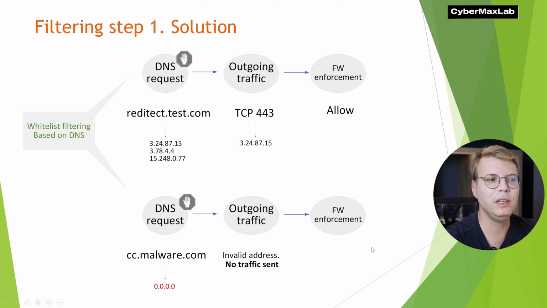You don't even need to do any enforcement on the firewall because the traffic doesn't go out to the firewall. How does that sound? And the approach which we are using is called the whitelist approach, where we drop everything by default, but we allow certain domains and wildcard domains purposely for different types of our devices.